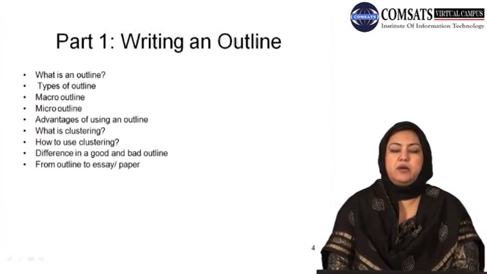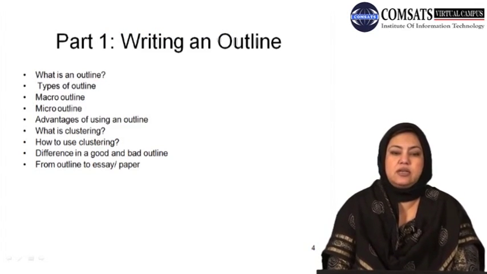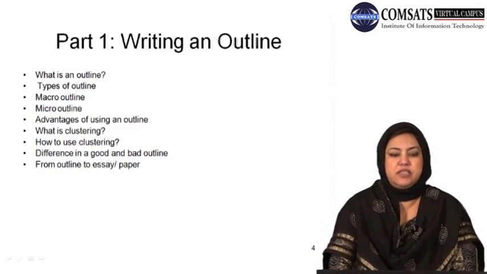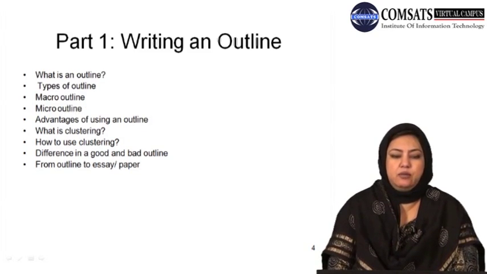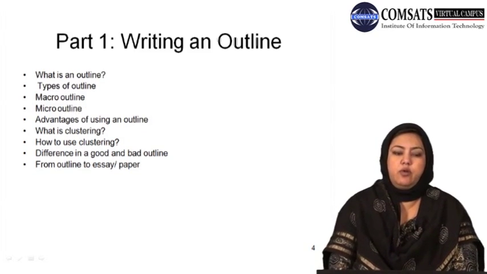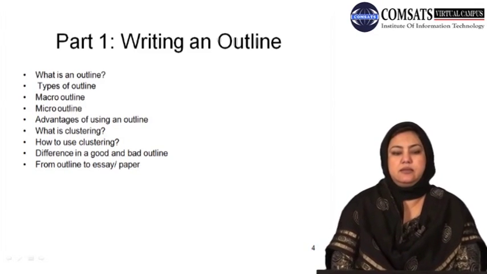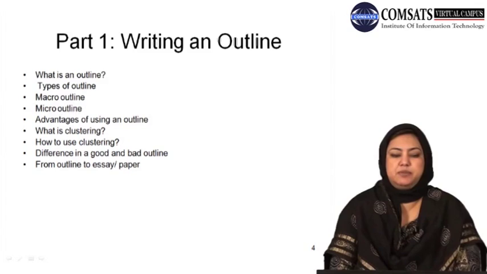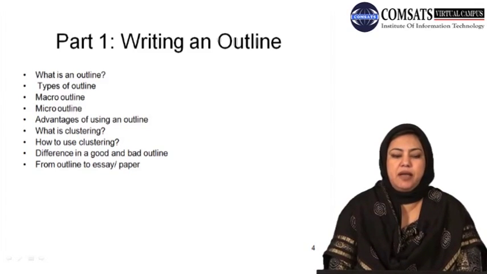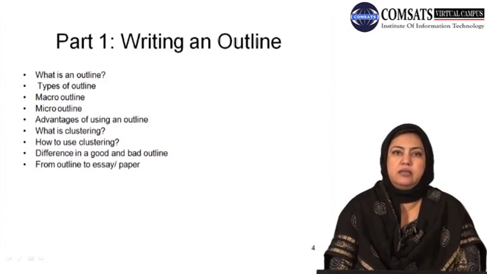So starting with part 1 of today's session, that is on writing an outline, I would like to share that following are the areas that I would cover under this part of the session. We would start with what is an outline, and then we would move on to different types of outlines. I would introduce two main types of outlines, that are macro outlines and micro outlines.